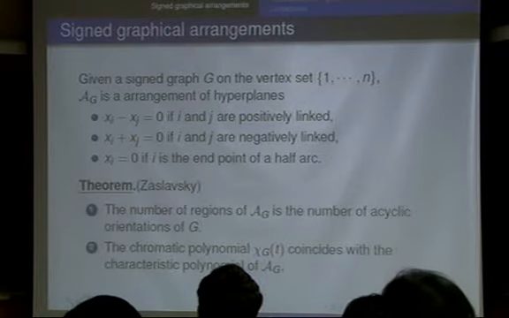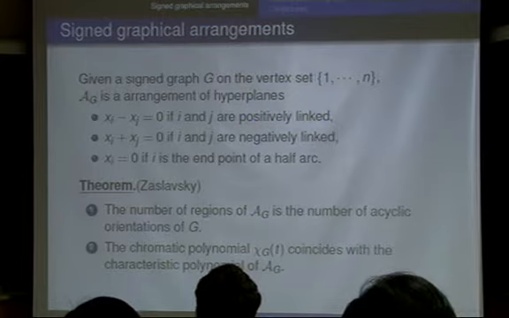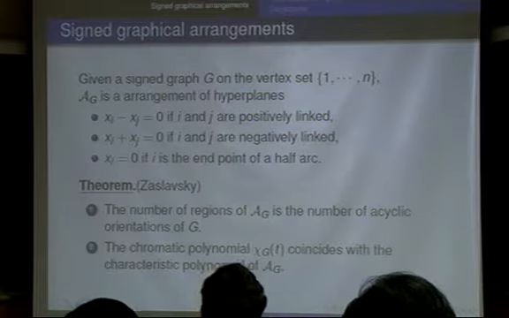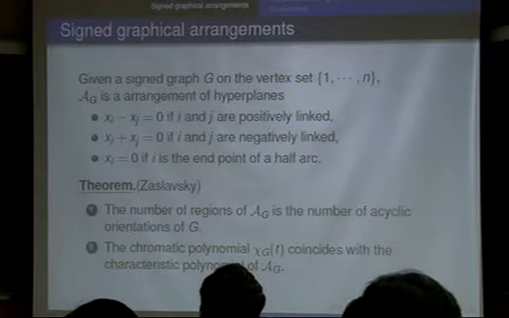And a theorem of Jastrzębski says that the number of regions of this arrangement is the same as the number of acyclic orientations of the signed graph G. We also define the coloring of a signed graph, so there's a chromatic polynomial. That's not that obvious, but it's a theorem.